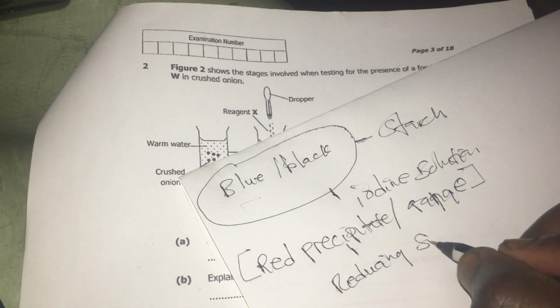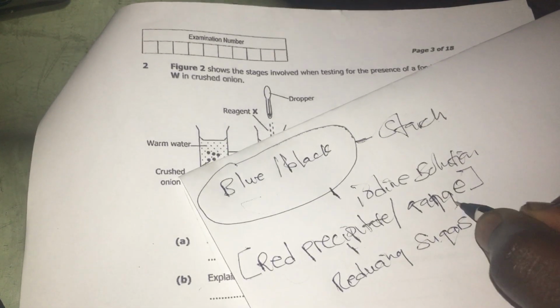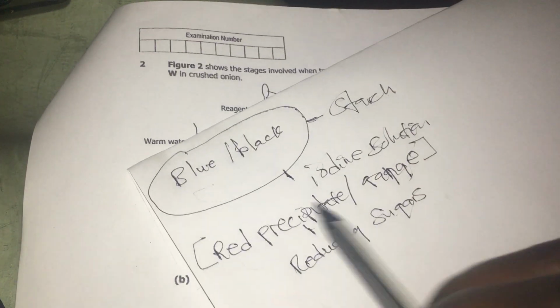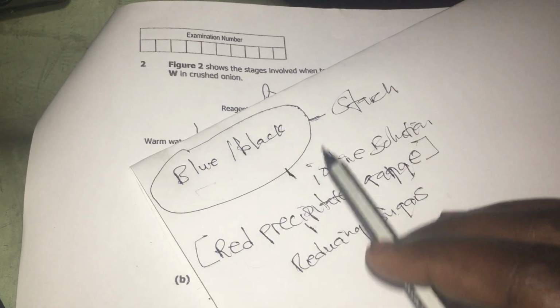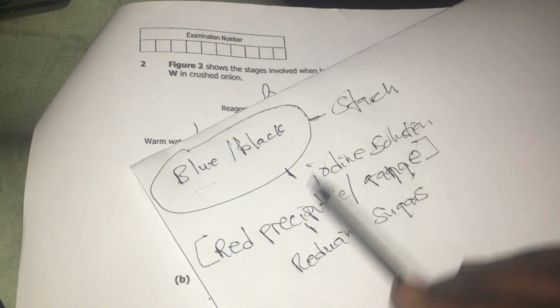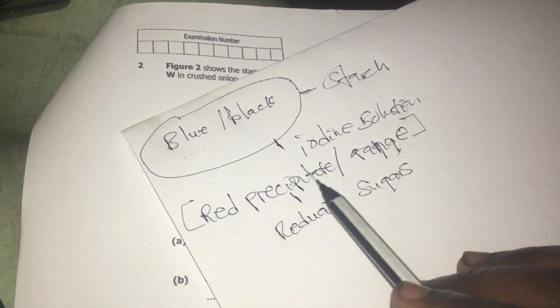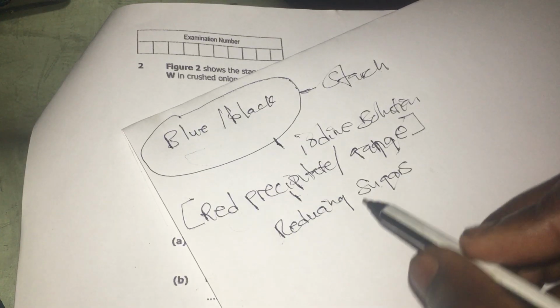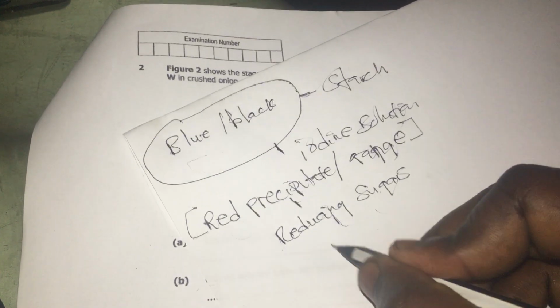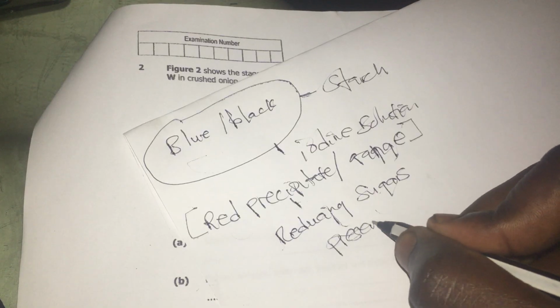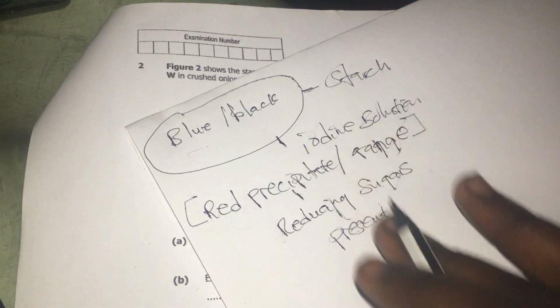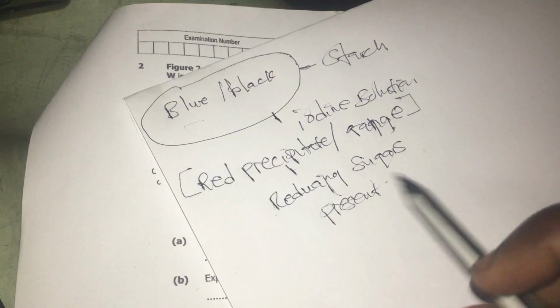Blue-black simply means starch is present. If the ending result is red precipitate or orange, just know that sugars are present. That's what it means.